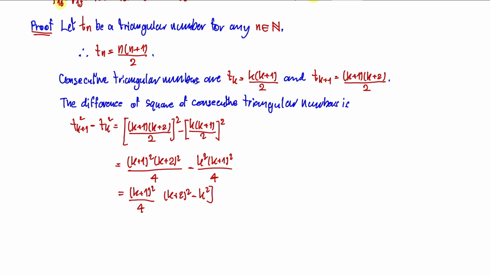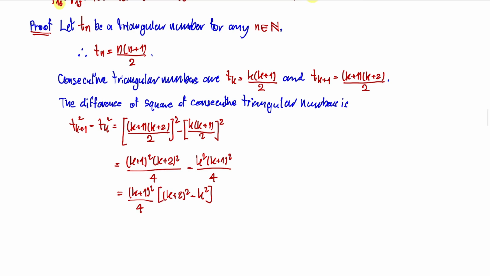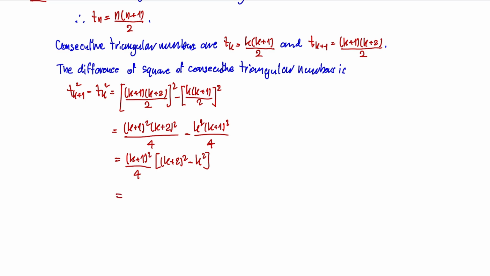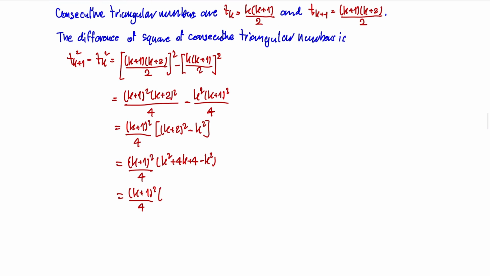Alright, and then calculate this one, so we're gonna have (k plus 2) squared minus k squared, which is k squared plus 4k plus 4 minus k squared. And it turns out to be (k plus 1) squared over 4 times (4k plus 4).